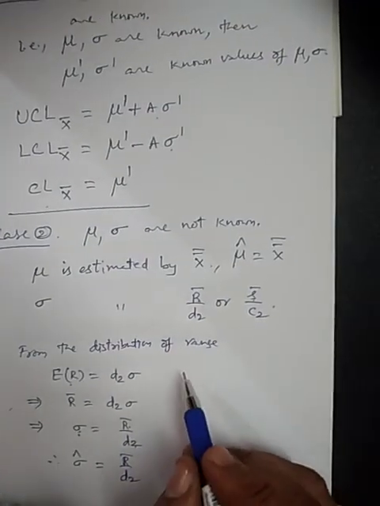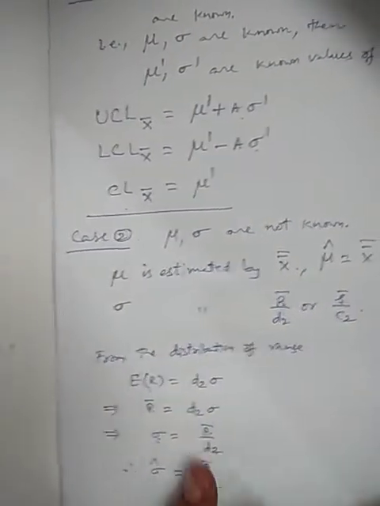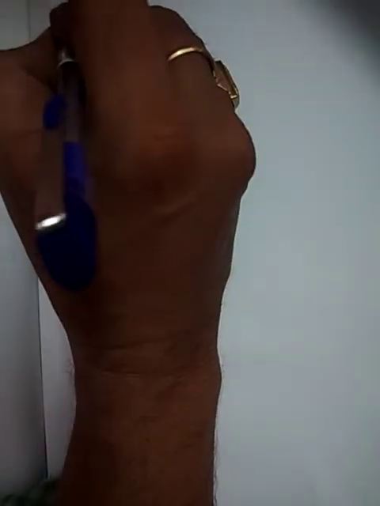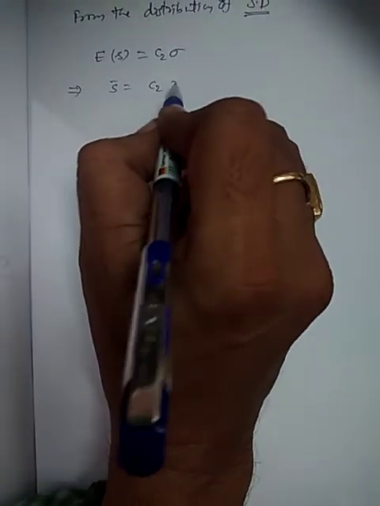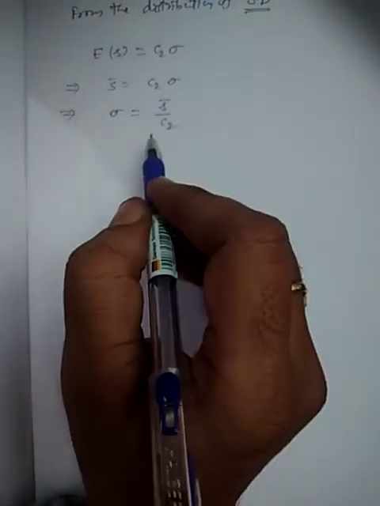Similarly, from the distribution of sample standard deviation, we know that expectation of S is equal to C2 sigma, which implies S bar is equal to C2 sigma, and which implies sigma is equal to S bar by C2.